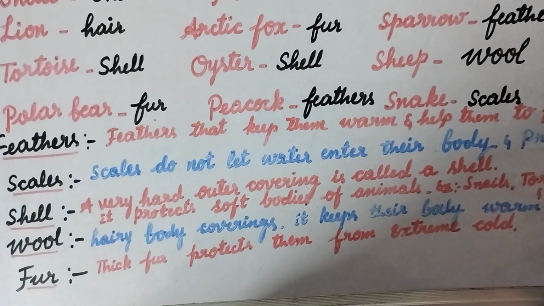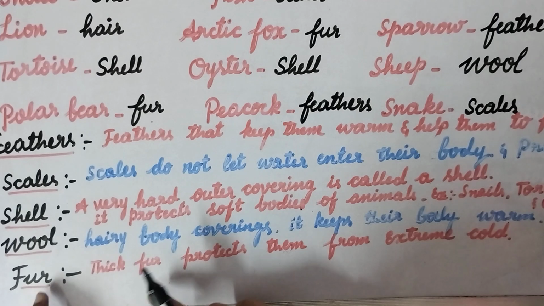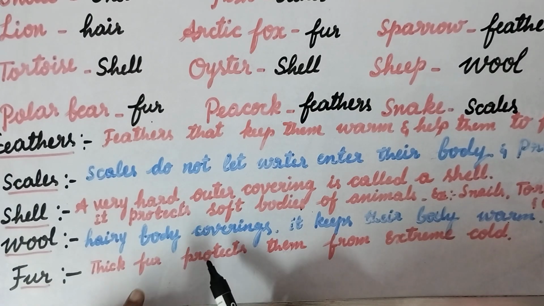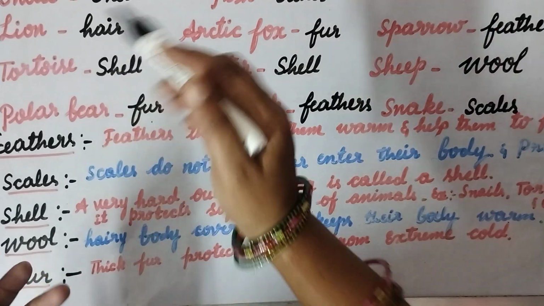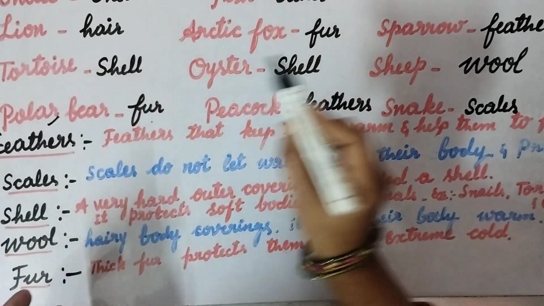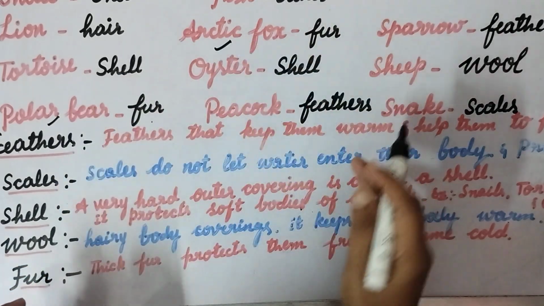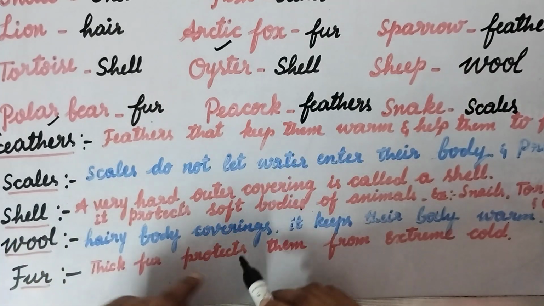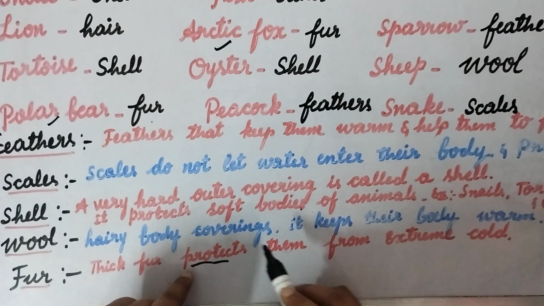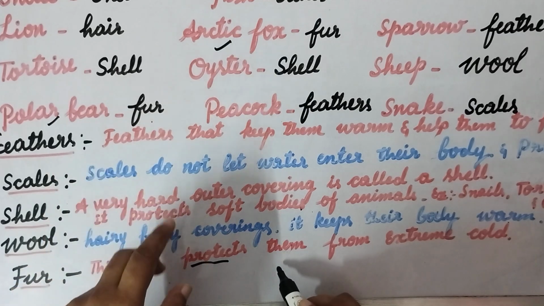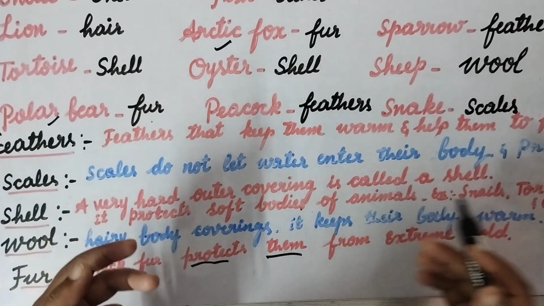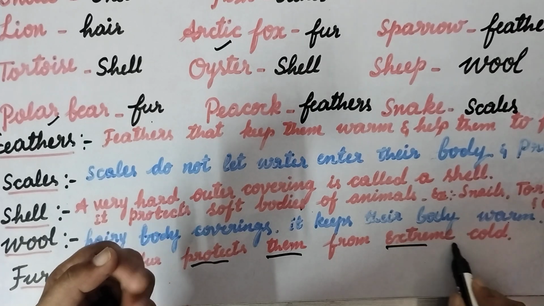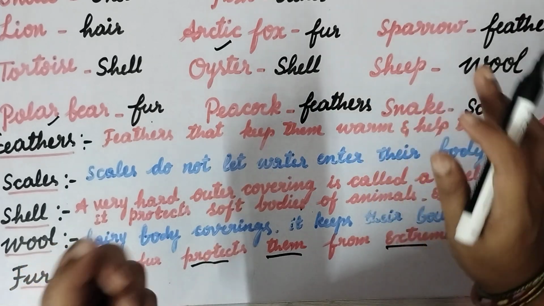Next one is fur. The thick fur of the polar bear and the Arctic fox protects these animals from extreme cold. We know that in the polar regions there is extreme cold.